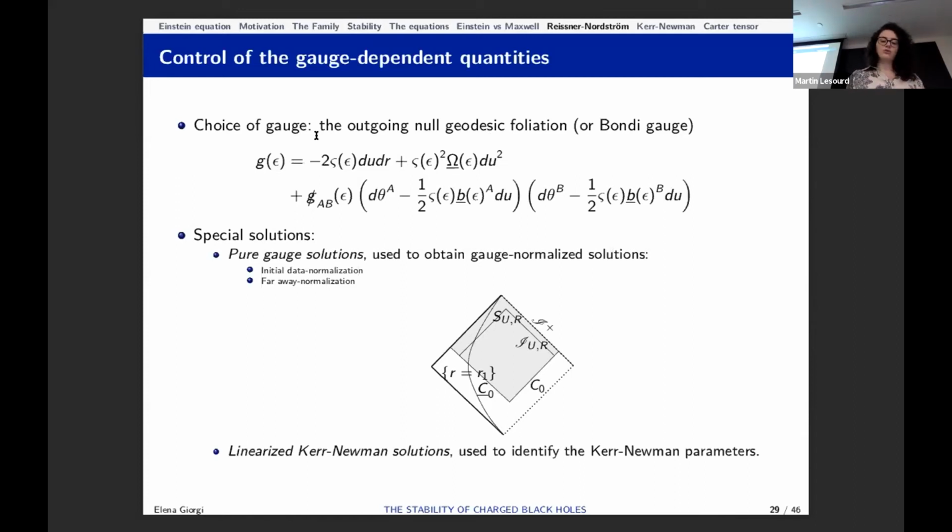And what you want to do then is use these special solutions, the pure gauge and the linearized Kerr-Newman. And here, the way I did it was to do some initial data normalization to obtain boundedness and some far away normalization here. So you take some last sphere and normalize on this null hypersurface here.